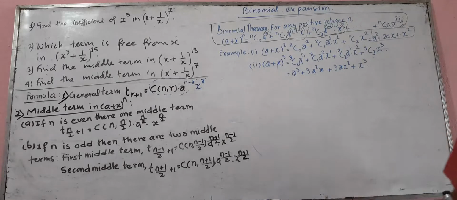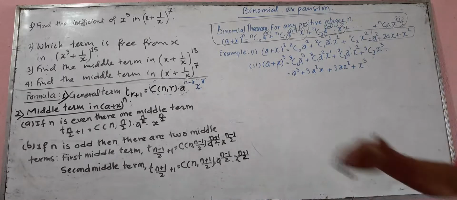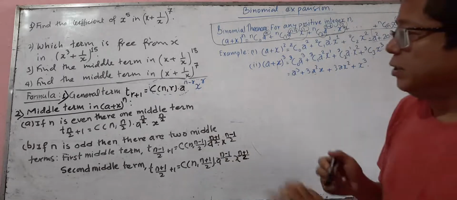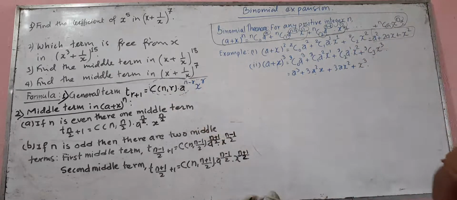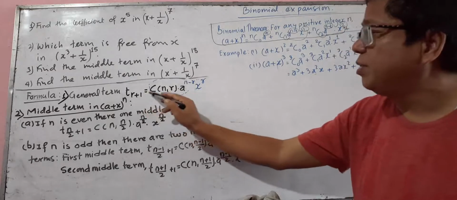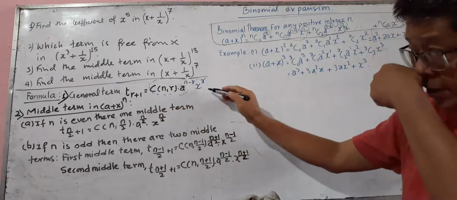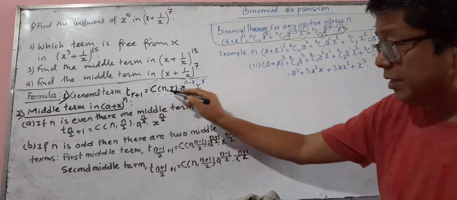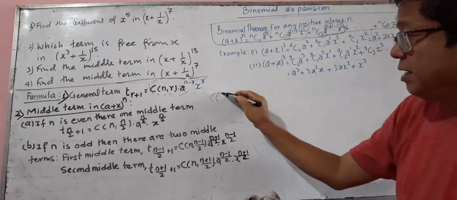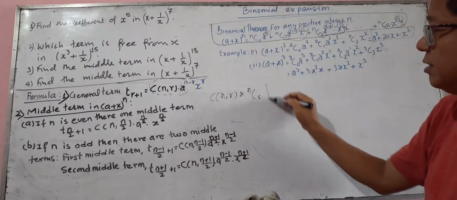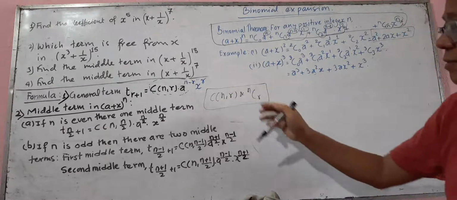So now we discuss some formulas. First is the general term. Look at the general term: T(r+1) is nCr a^(n-r) x^r. Look here, C(n,r) and nCr are the same thing.